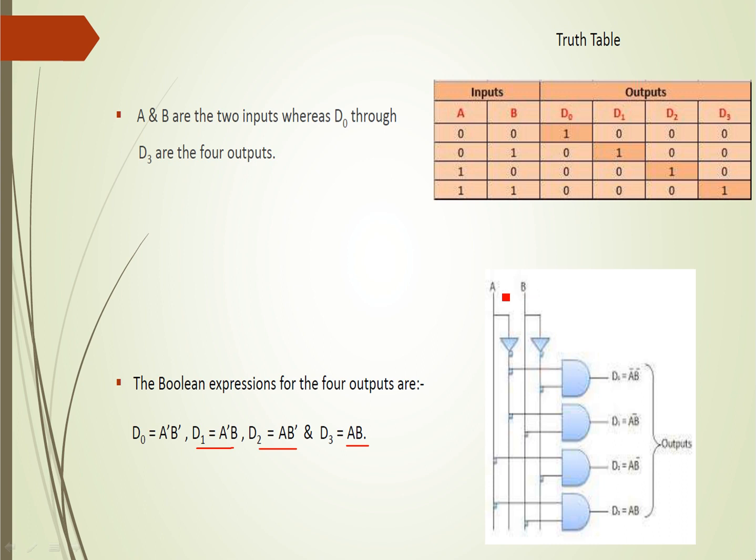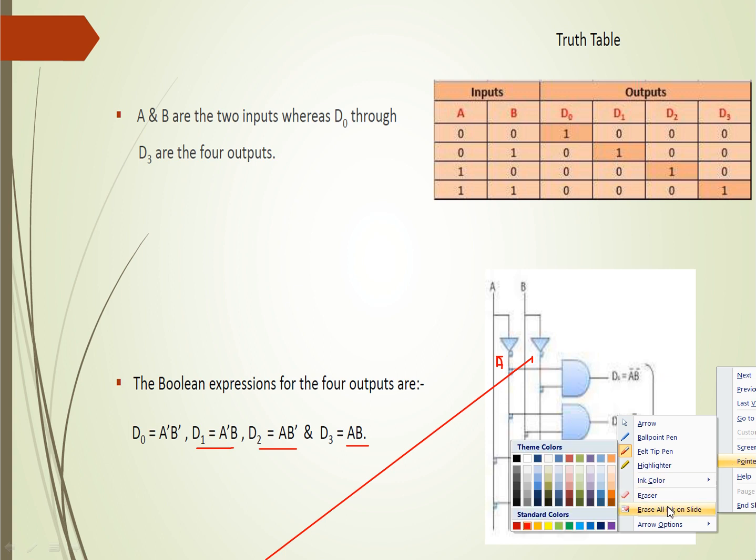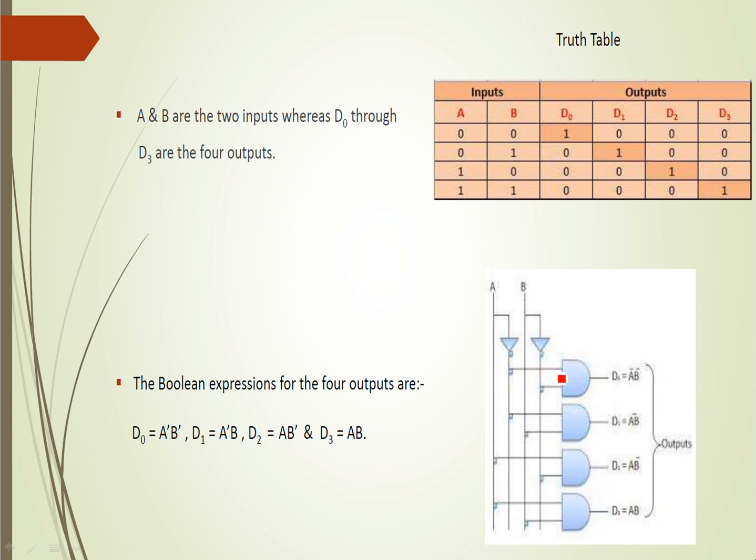So here A and B are the inputs, and this is the A bar, the NOT gate output, and this is B bar. Okay, so the first AND gate, for D naught expression is A bar B bar. So here A bar B bar connected to the first AND gate. So D naught equal to A bar B bar.